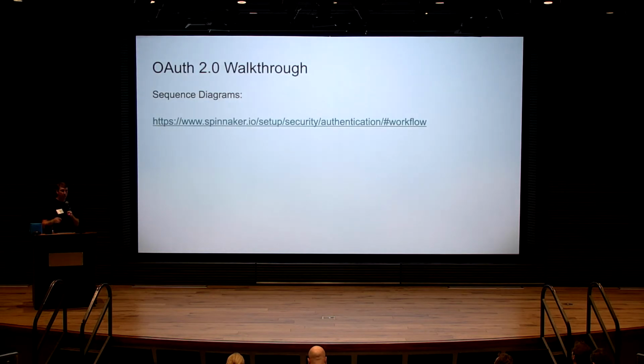If you want to see everything that I just went through in sequence diagrams, you can go to our spinnaker.io documentation page and walk through that. Use the incognito window and watch the traffic go back and forth, and it makes a little bit more sense.